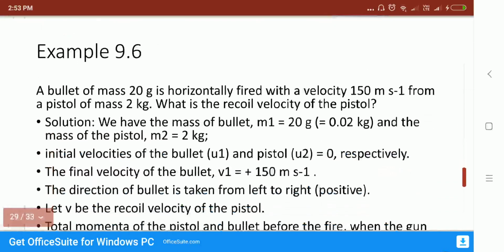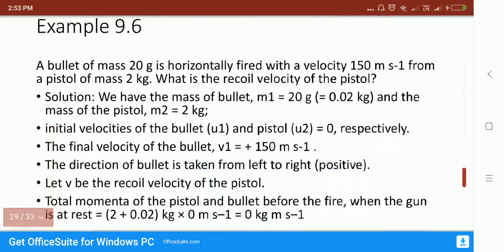Let us go through an example. A bullet of mass 20 gram is horizontally fired with a velocity of 150 meter per second from a pistol of mass 2 kilogram. What is the recoil velocity of the pistol? The mass of the bullet is 20 gram, converted into kilograms, that is 0.02 kilogram. And the mass of the pistol, M2, is 2 kilogram.